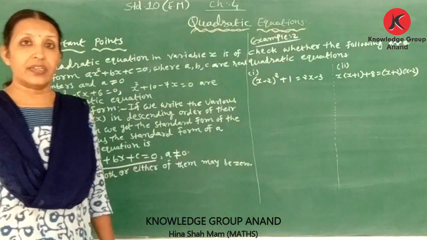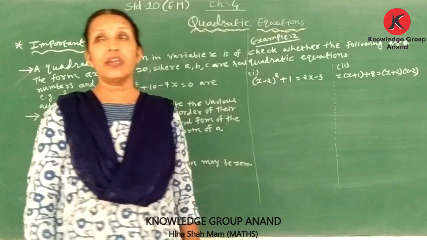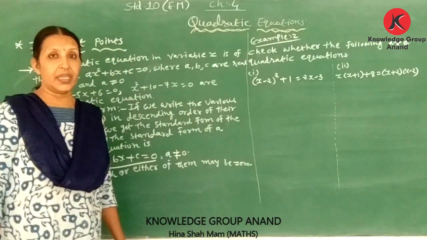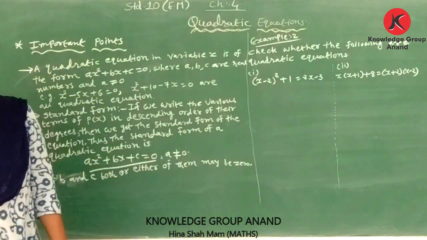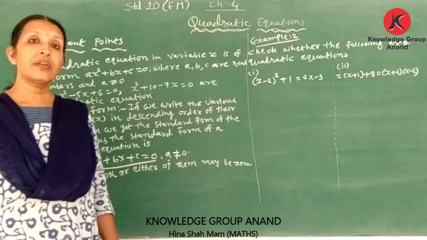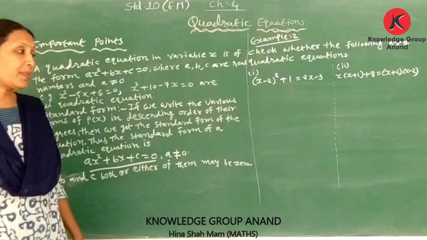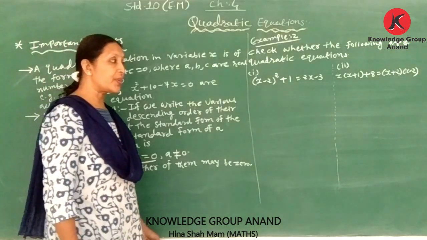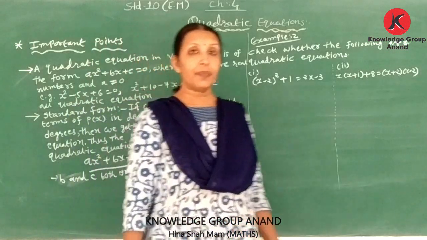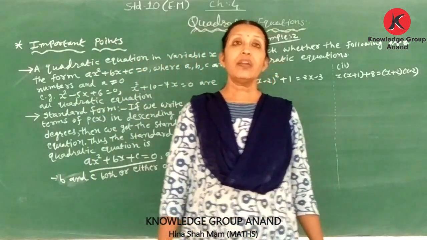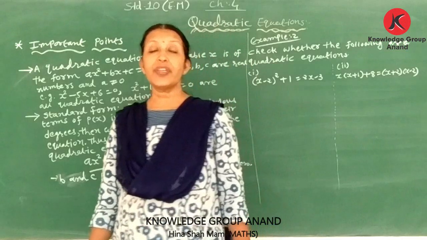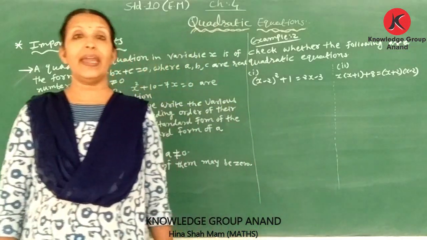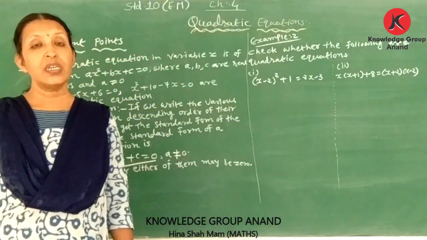In chapter 2, we learned about many types of polynomials, like linear polynomial, quadratic polynomial, cubic polynomial. The standard form of a linear polynomial is ax plus b.